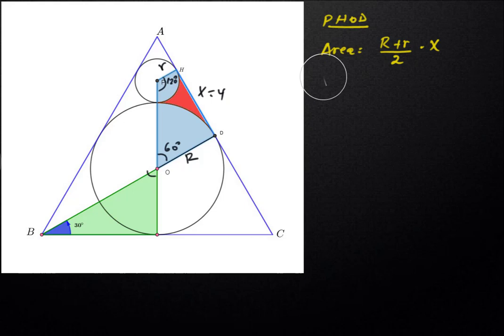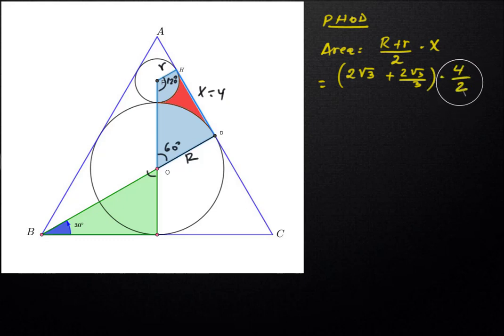If we plug in the values, it is equal to 2 square root of 3 plus 2 square root of 3 over 3, all times x over 2.